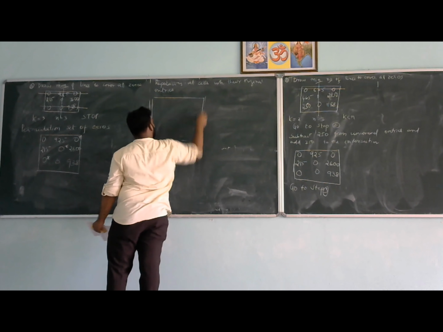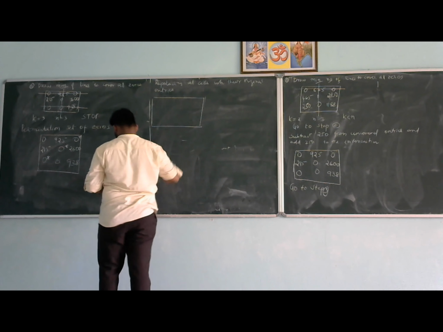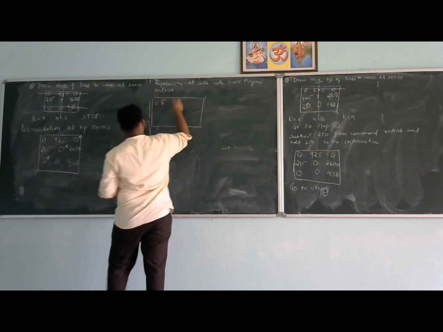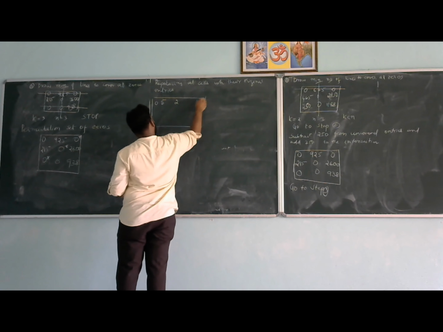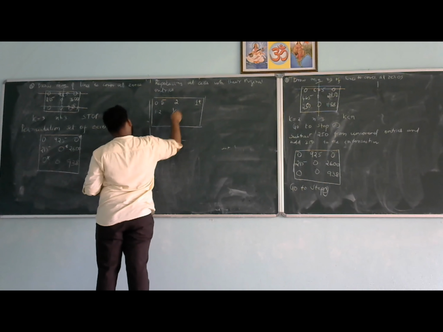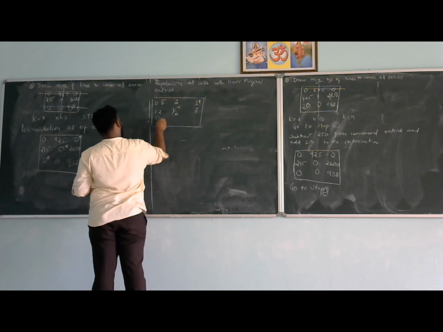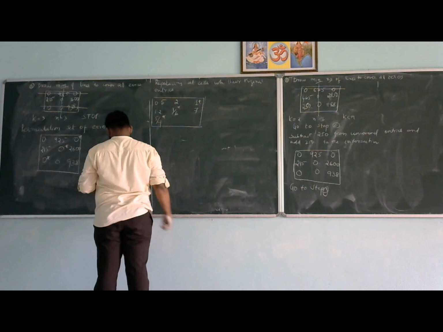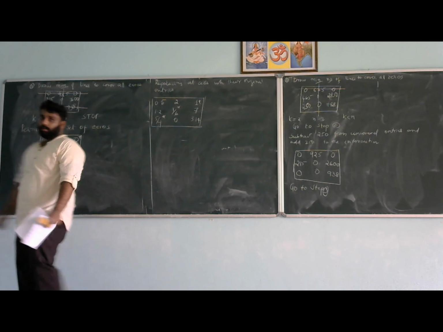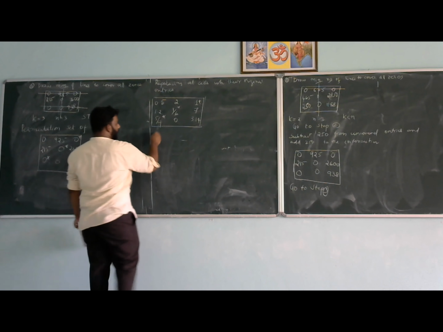So the new table would be: this is 0.5, this is 2, this is 1, this is 1.2, 1 by 6, 7, 5 by 9, 0, 3.12. Now we will calculate the minimum cost, the optimal solution.